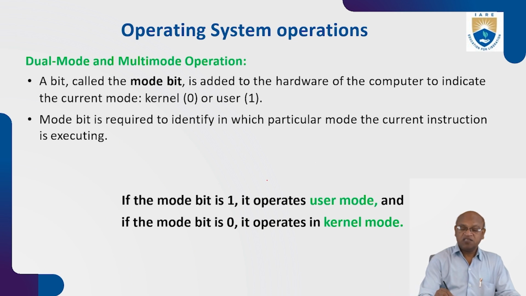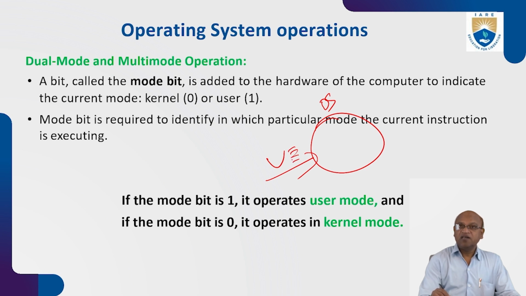As I explained, this is our user and this is our OS. Once the user requests the computer to do something, you write a program, and after writing, you submit it for execution.